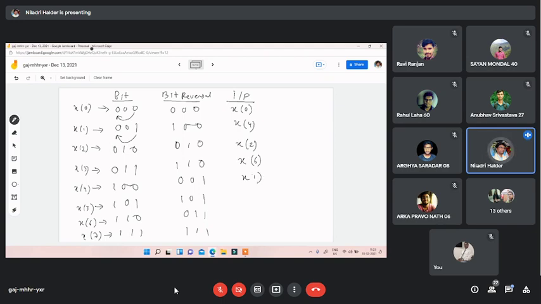That is x5. That is x3. And finally x7. Why are we doing that? Because you can check here that we have already made the even part and odd part in that way. Clear?